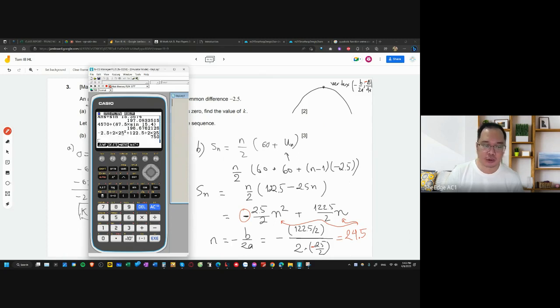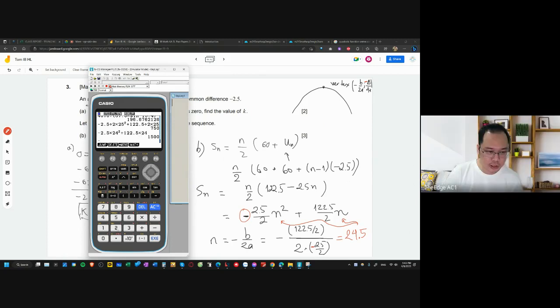How about replacing 24 instead of 25? Minus 2.5 times 24 squared, and then plus 122.5 times 24. Different. Maybe you took 2 times 2 and 25 squared. I forgot 2 here, sorry.